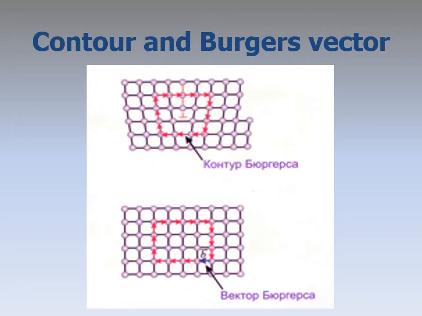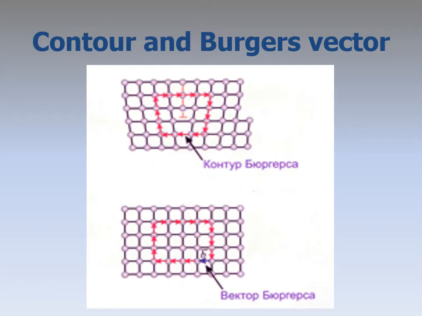The Burgers contour is a closed loop of an arbitrary shape built in a real crystal through the sequential bypass of the defect from atom to atom in a perfect crystal region. Here is the ideal crystal. This is a real crystal with dislocation and with the Burgers vector.